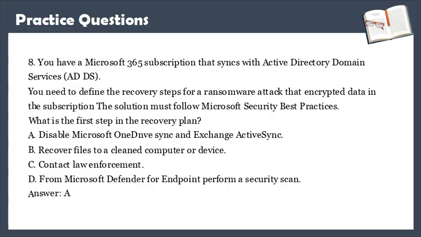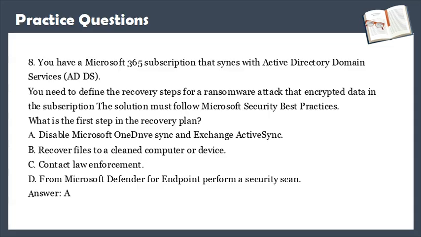8. You have a Microsoft 365 subscription that syncs with Active Directory Domain Services, AD DS. You need to define the recovery steps for a ransomware attack that encrypted data in the subscription. The solution must follow Microsoft security best practices. What is the first step in the recovery plan?